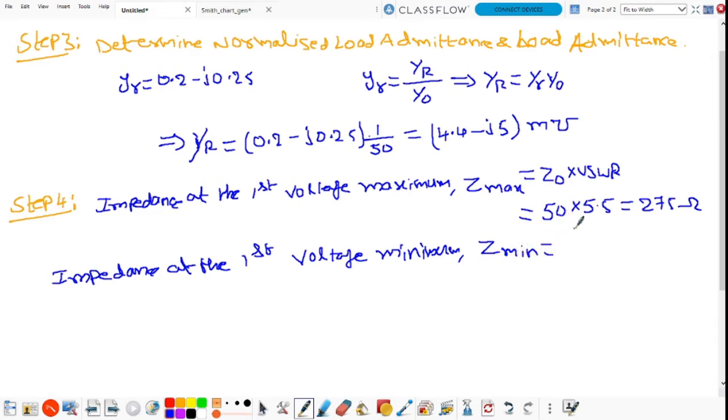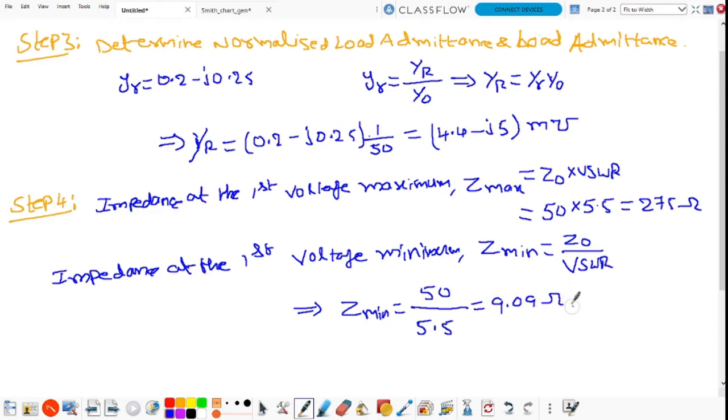Z minimum is equal to the characteristic impedance divided by the VSWR value. So the minimum impedance Z min is equal to the characteristic impedance Z0, 50, divided by the VSWR, 5.5. 50 divided by 5.5 is 9.09 ohms. So that is step number 4.